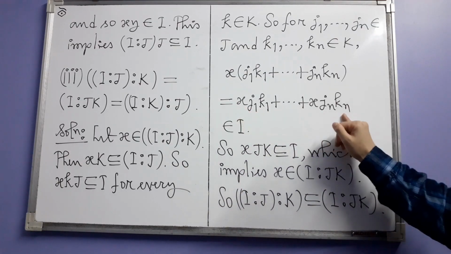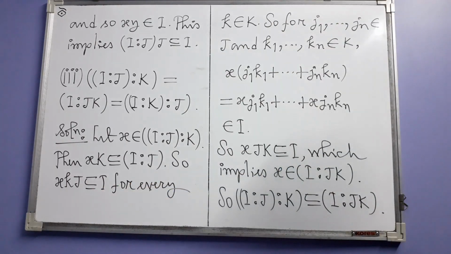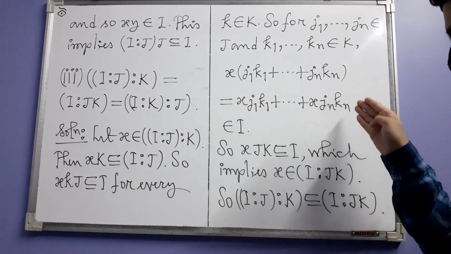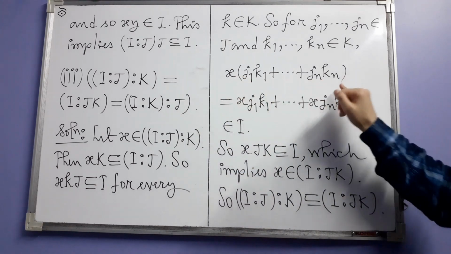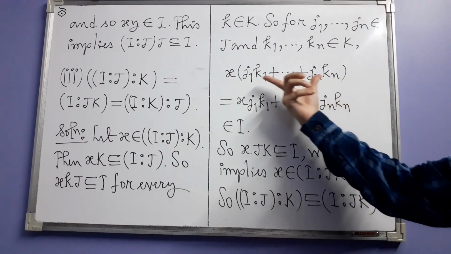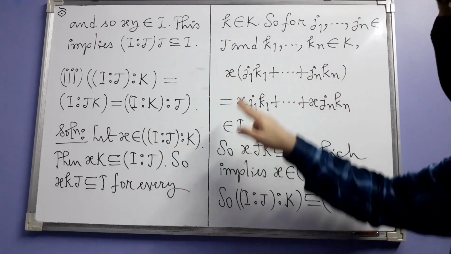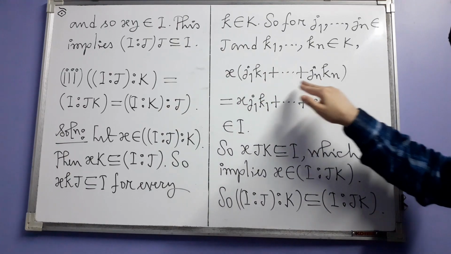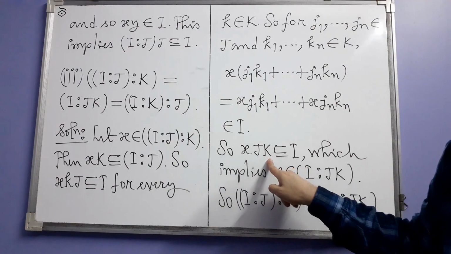These individual terms in this sum all belong to I because of this fact. So this type of sums also will belong to I, and that is why x times this belongs to I. However, if you look at this sum carefully, leaving out the x, this is precisely how the elements of the ideal JK look.